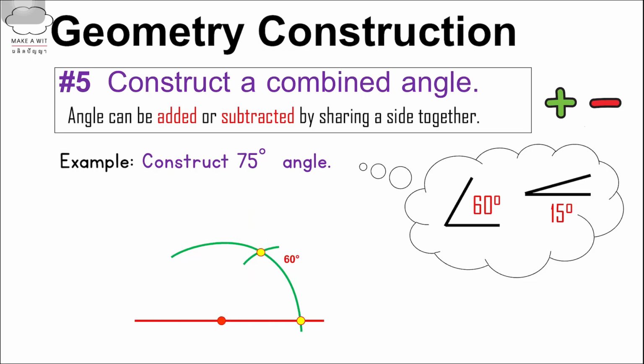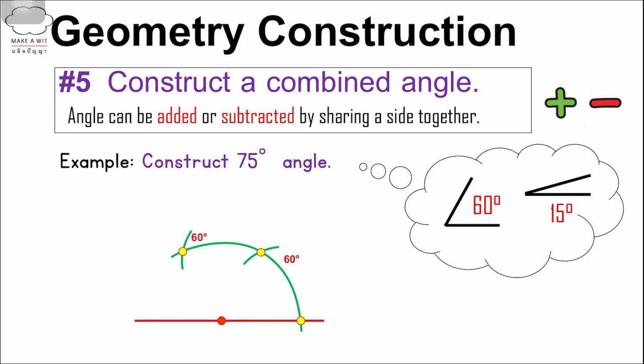But you still need what? 15 degrees more. So you cannot stop there. If you stop there, it will be just 60 over here. So you cut, okay? When you use the same radius, cut here 60, cut here, what happened?